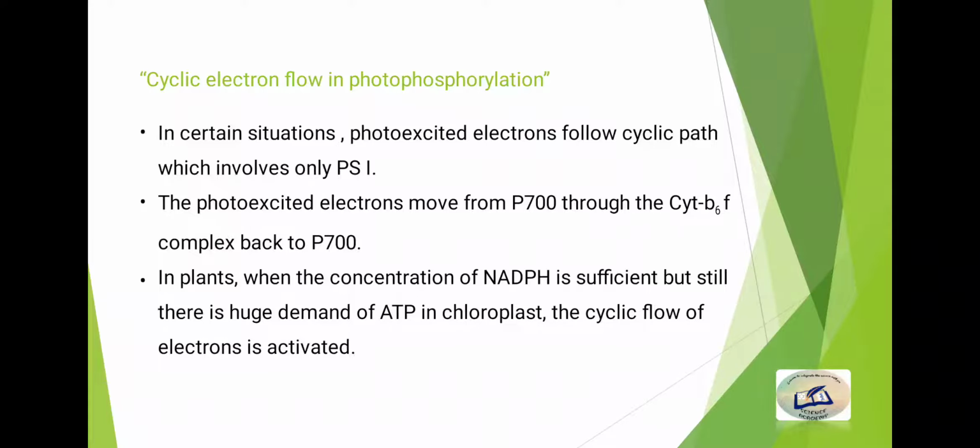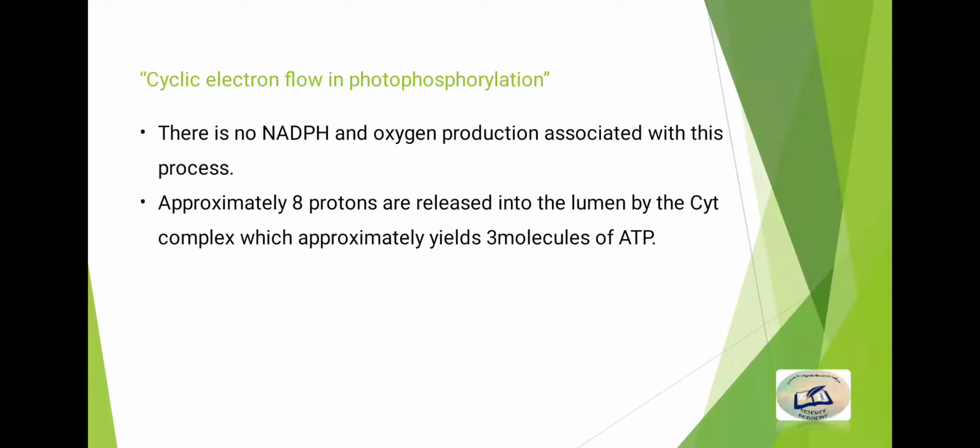But in certain situations where there is sufficient NADPH but we need more and more ATP, which cannot be given by the non-cyclic process, this channel is activated to meet the huge demand of ATP in the chloroplast. There is no NADPH or oxygen production associated with this process.